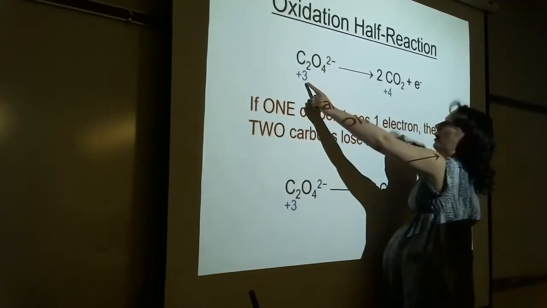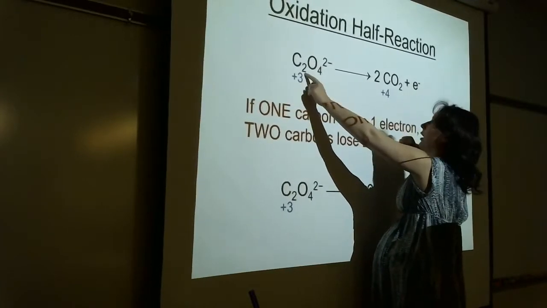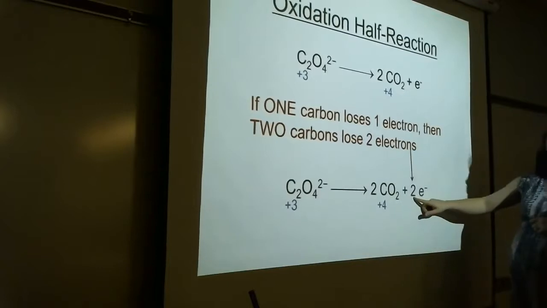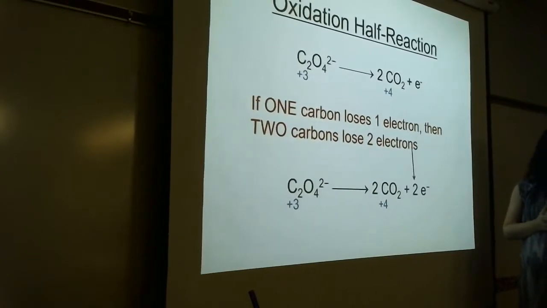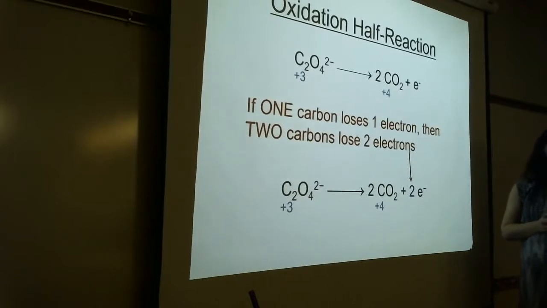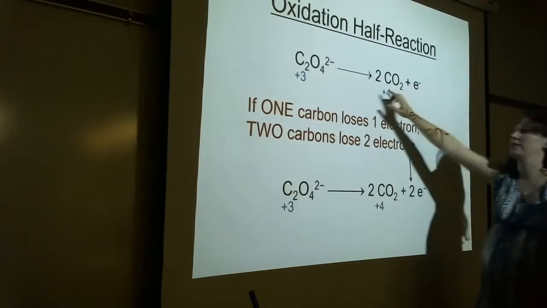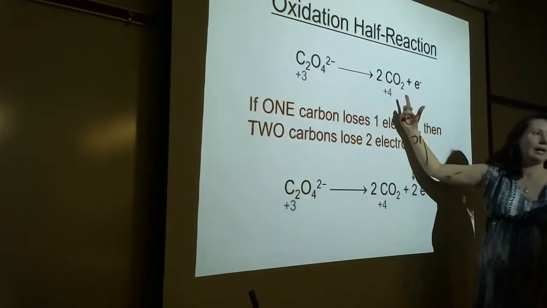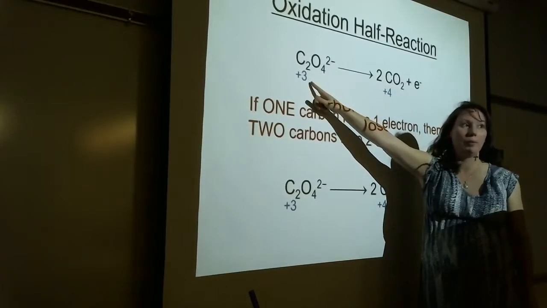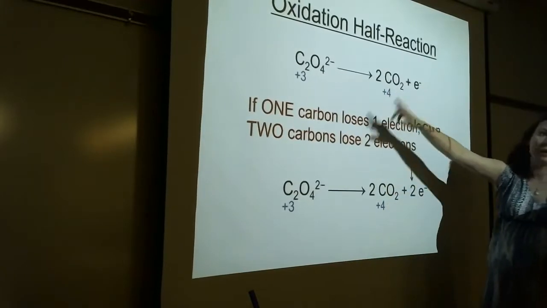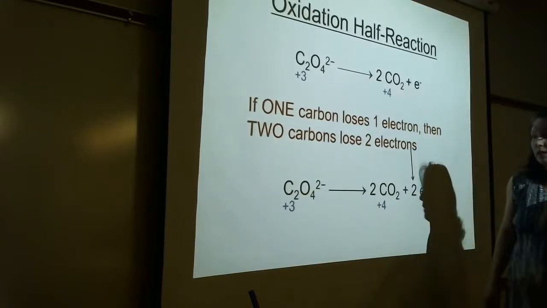If 1 carbon lost 1 electron, then 2 carbons are going to lose 2 electrons. So that's the trap. Yes? So you're just like distributing 2, essentially. You can think of it like that. Yeah. Because we wrote this 1 electron just based on the oxidation number, not looking at how many. But when we realize there are actually 2 carbons here being oxidized, that's why I need the 2 here. Does that make sense? That's a really good question.